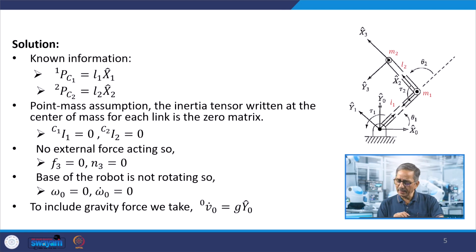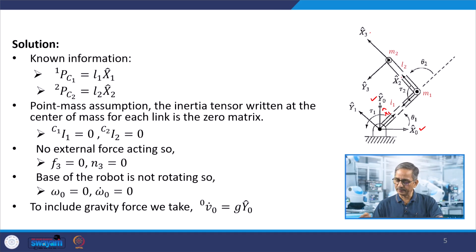First, to begin with, let us assign the frames to the links. Say x0, y0 is my inertial frame, which is attached to the base of the link. x1 cap, y1 cap is the frame attached at the start of the first link, and similarly x2 cap and y2 cap are at the beginning of the second link, and x3 cap, y3 cap is at the tip of the manipulator arm.